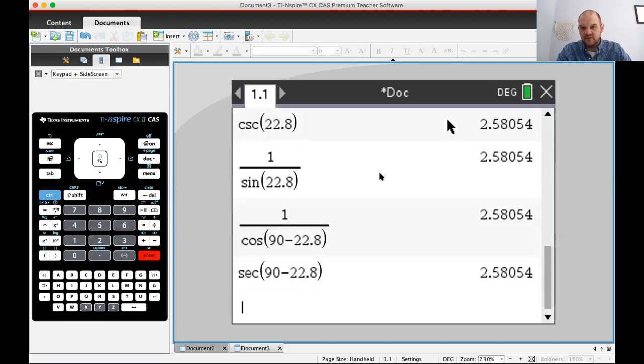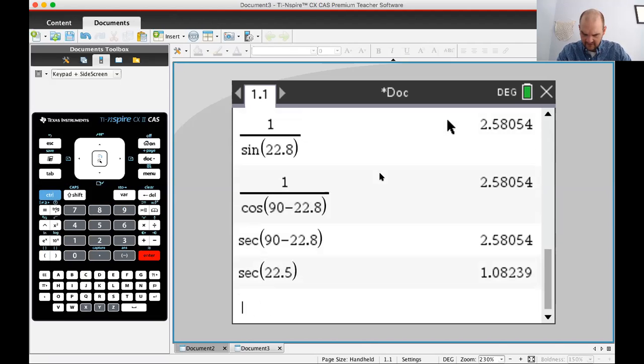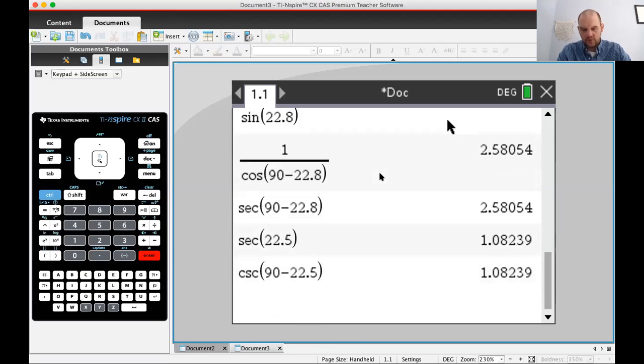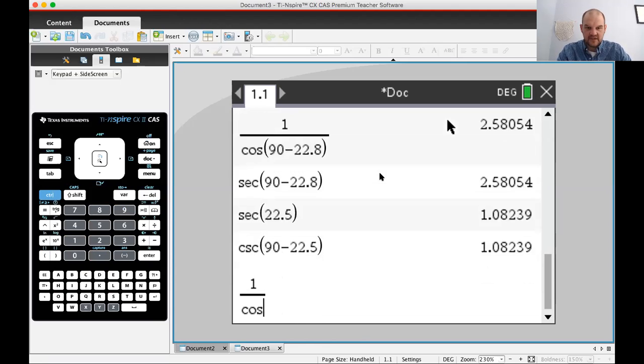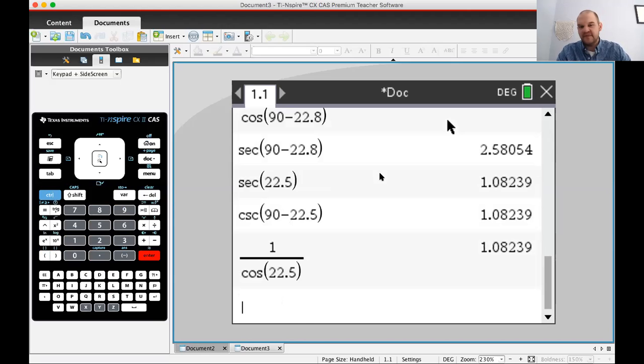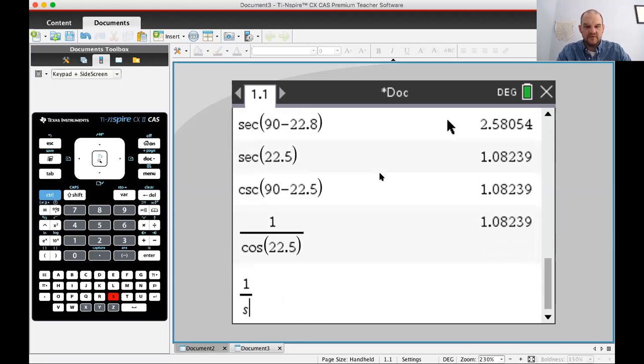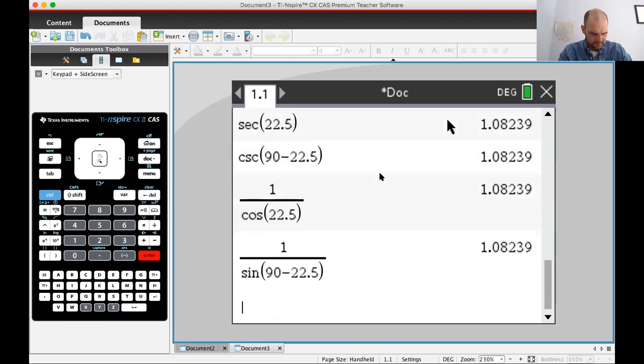So it's hard to remember just punching all these things in, right? Secant 22.5, cosecant of 90 minus 22.5 works. 1 over the cosine of 22.5, that's going to work, which means 1 over the sine of 90 minus 22.5 is going to work. You just punch them in.